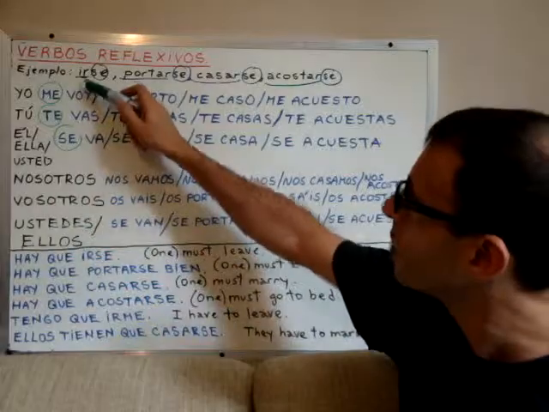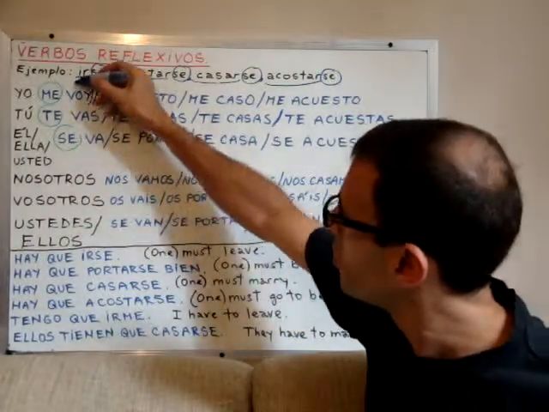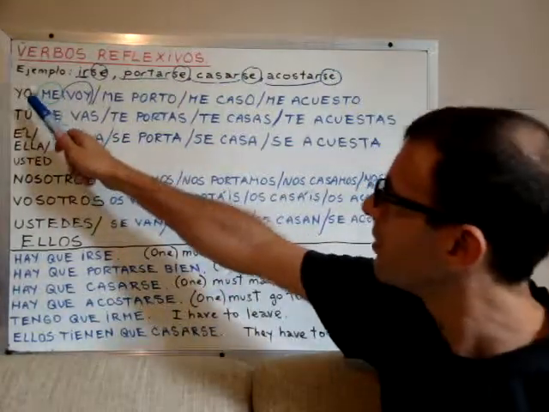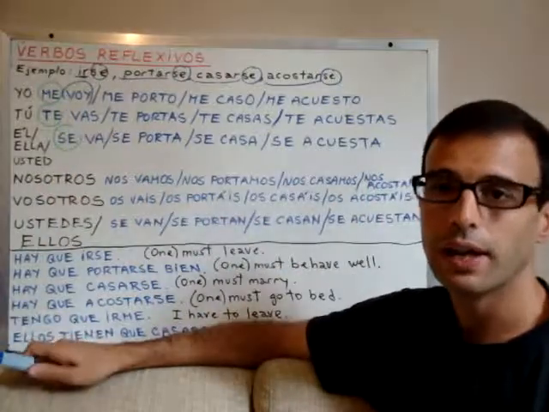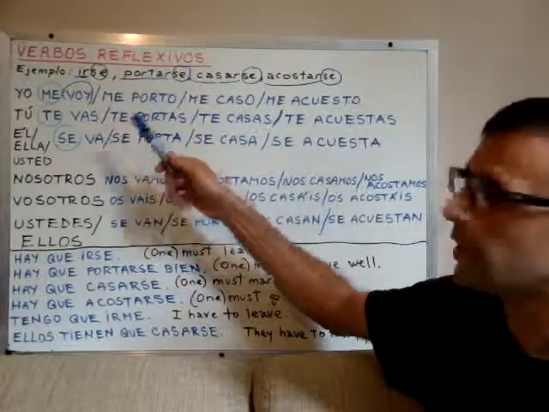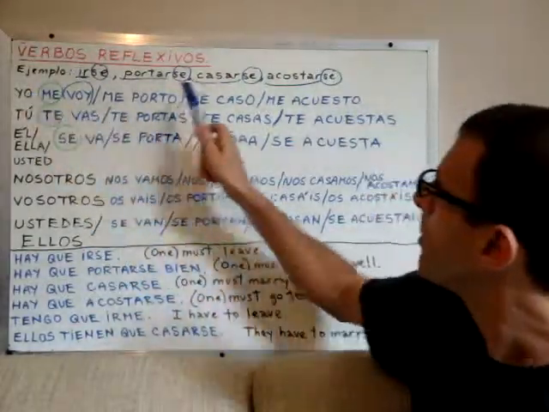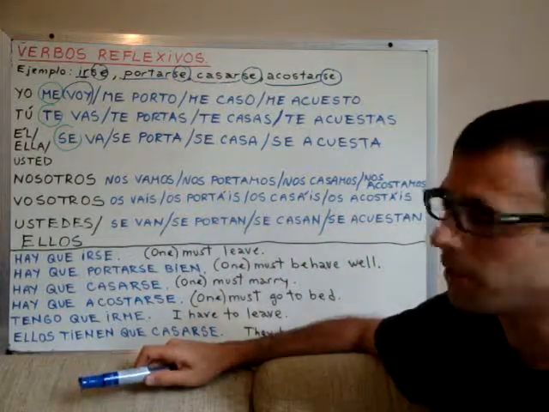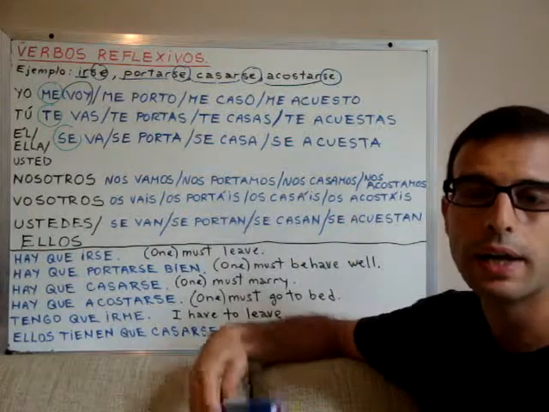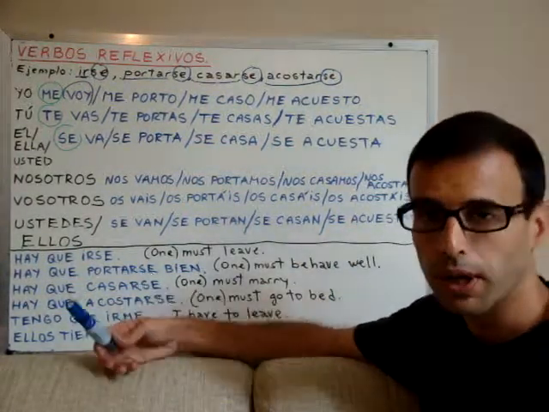The only thing that will change is the root of the verb itself, that will be conjugated to whatever tense it is. So for the present it is yo me voy, I leave, or yo me porto, I behave, or yo me caso, I get married, or yo me acuesto, I lie down or I go to bed.